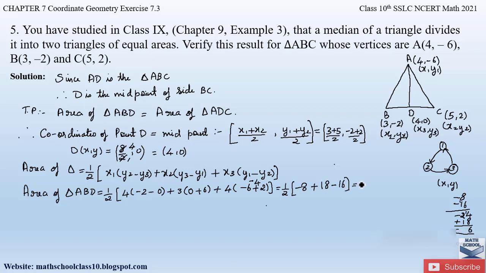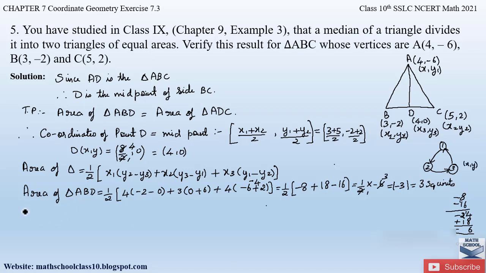So this will be 1 by 2 into minus 6, so cancelling, 1 times 2, 3 times, so here we will get minus 3. Since the area of any figure cannot be negative, we will take only the value 3, so therefore the area of triangle ABD will be 3 square units.